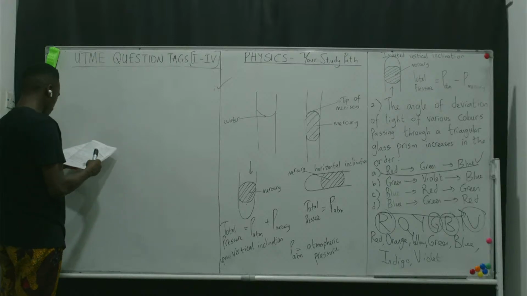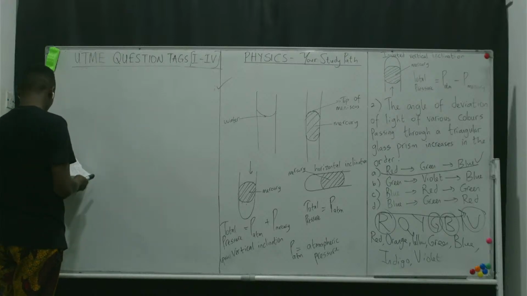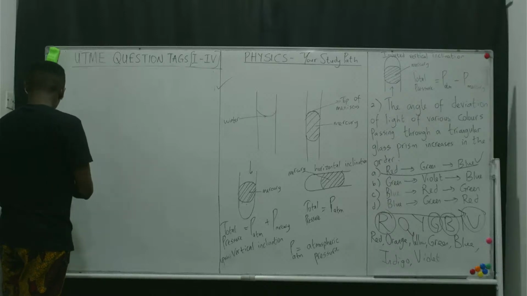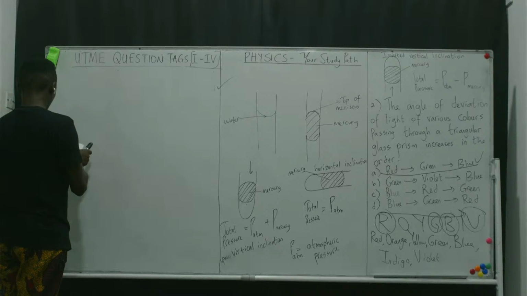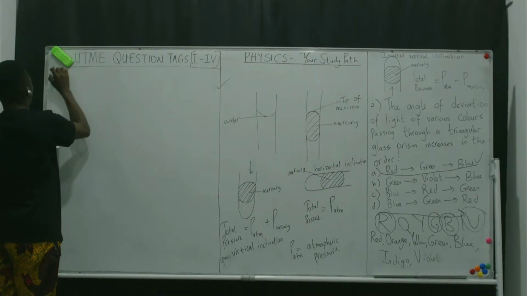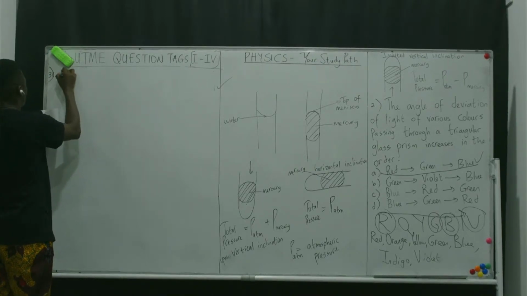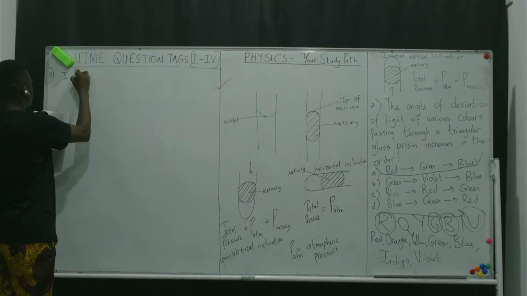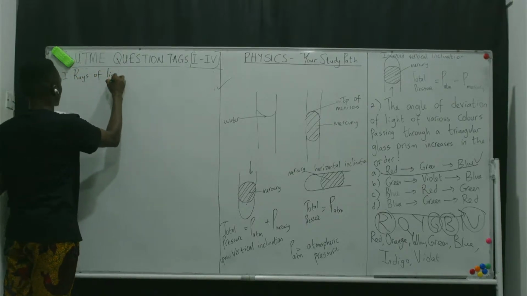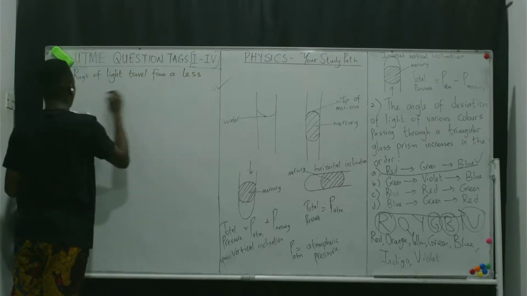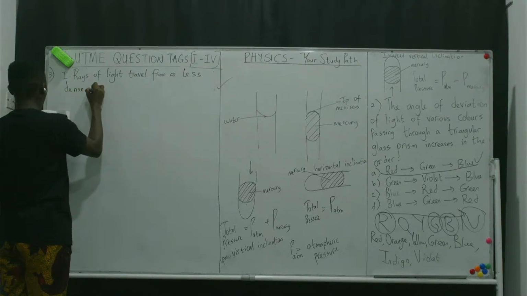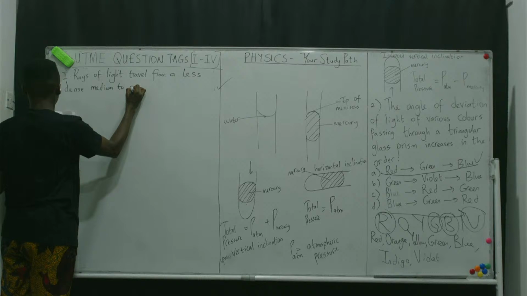The next has this to say. Number 3 now. Roman figure I says rays of light travel from a less dense medium to a denser medium.